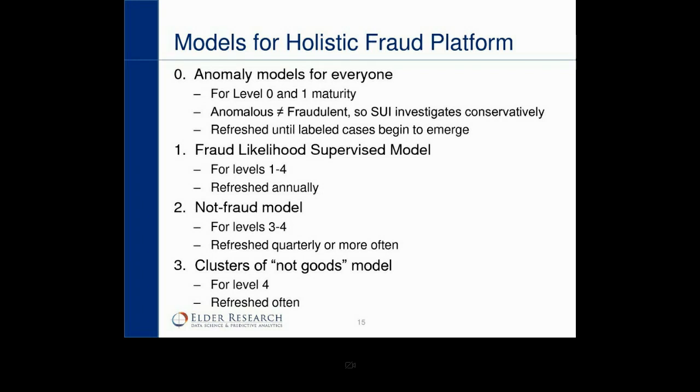And after you've done that, then there will be, in the next stage of maturity, you're going to build a not fraud model, which sounds a lot like the one above it, but it isn't. And I will be explaining that later on. And finally, after you've figured out which ones don't look good, you may be looking at the clusters of the ones that you've identified don't look good, and we will talk about that as the final top model for a holistic fraud analytics system.